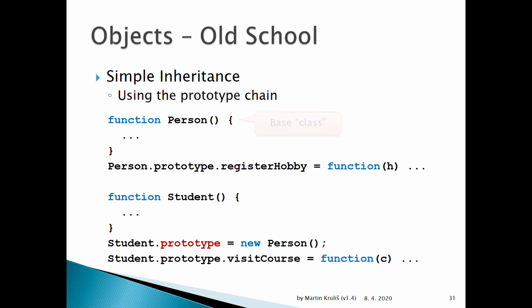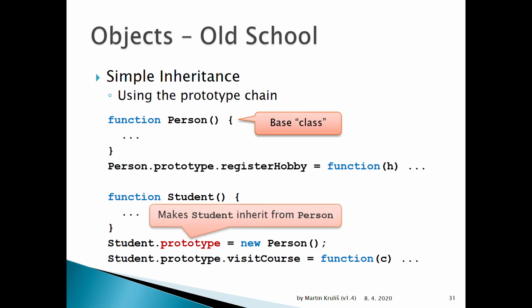And then we would like to create a derived class which inherits from person. This class is called student. So what we do, we create a student constructor, and then we place a new person as an instance of a prototype of this student.